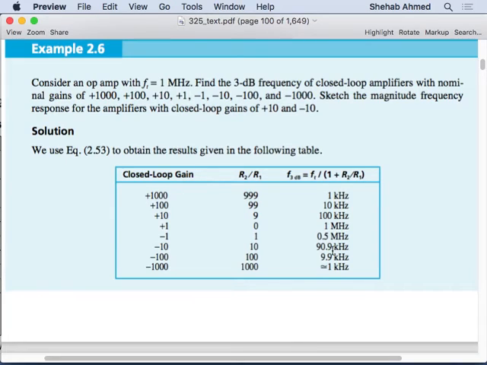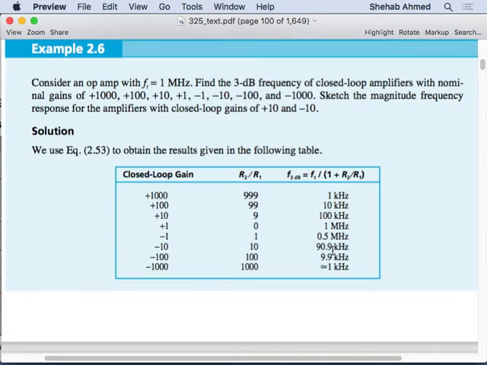It means that these op amps have an interesting characteristic: they're constrained by what is called the gain bandwidth product. So the closed loop gain of the op amp multiplied by the bandwidth is approximately a fixed number for the op amp.